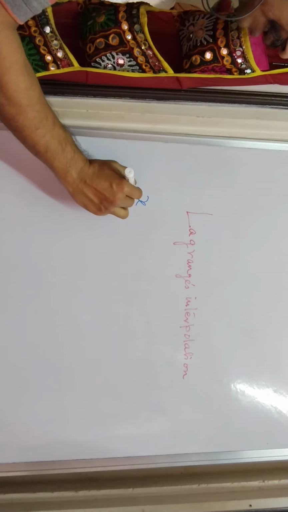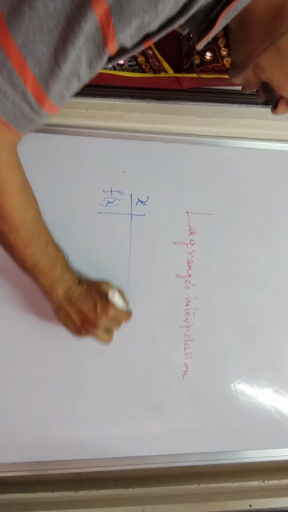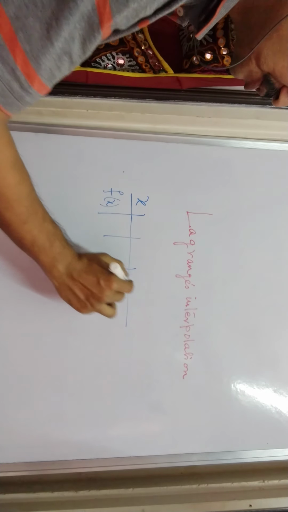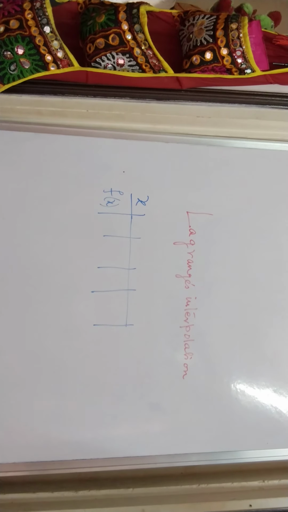Let us take the table as given. For simplicity, let us take only 4 values of x: 3, 4, 5, 7.